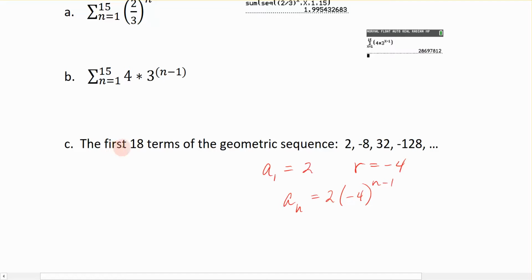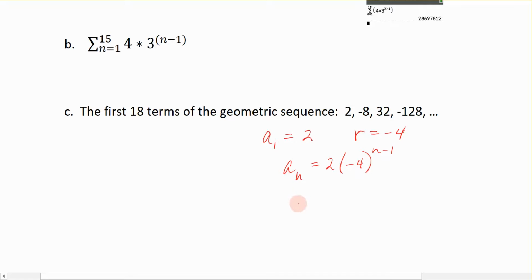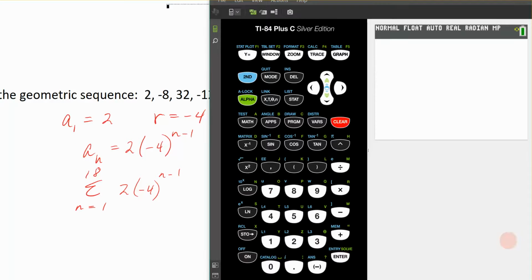Now I want to find out what the sum of the first 18 terms is, which looks something like this. The sum as n goes from 1 to 18 of 2 times negative 4 raised to the n minus 1 power. This is now what we're going to put into our calculator. So if I go over here, we're going to clear that.